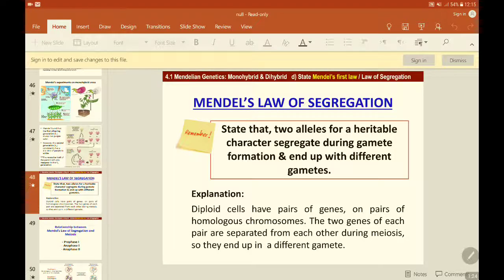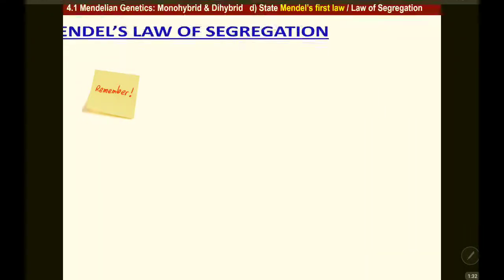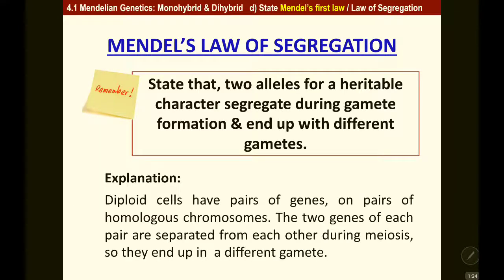Okay, so he came out with the conclusion here for Mendel's first law, the law of segregation. The law of segregation says that the two alleles of a heritable character segregate during gamete formation and end up in different gametes. Okay, so before this we have learned that alleles always appear in a pair.